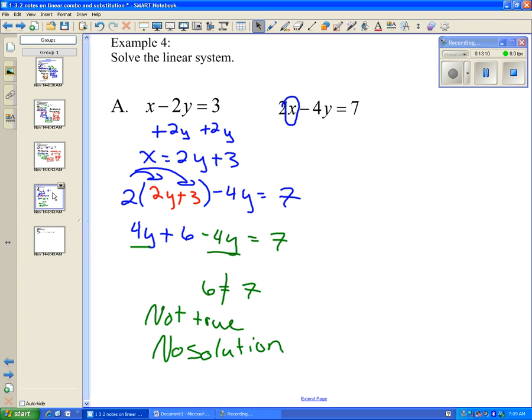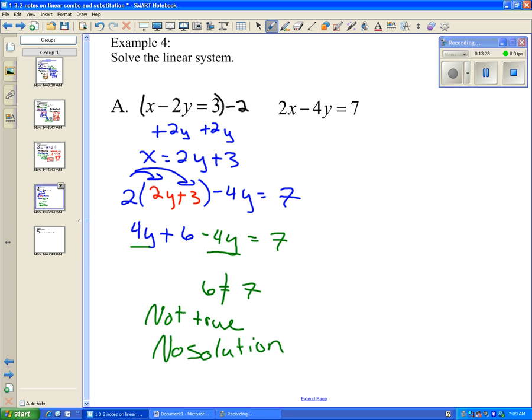Well, what does it look like if I did the other? Instead of solving by substitution, I solve by linear combination. I would multiply the first equation by a negative 2.